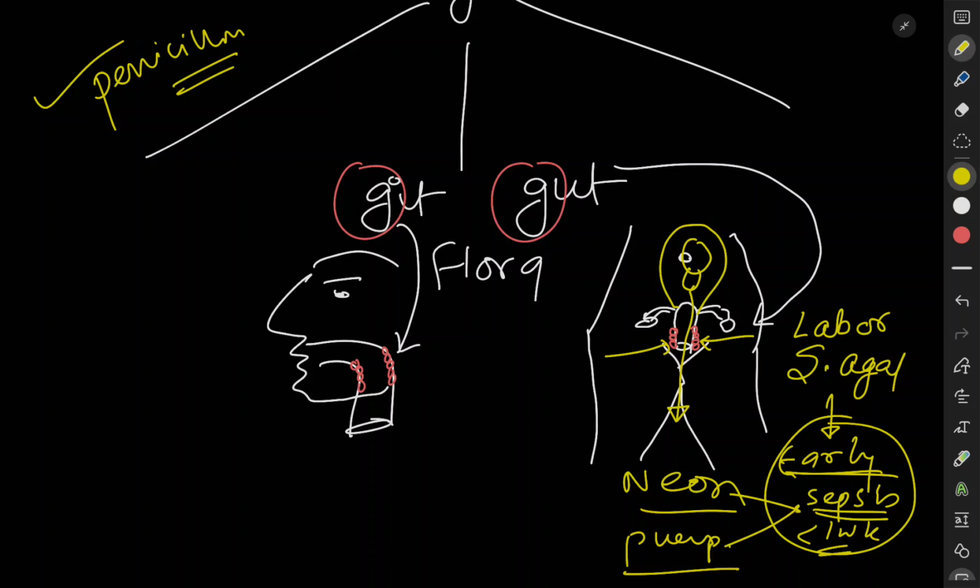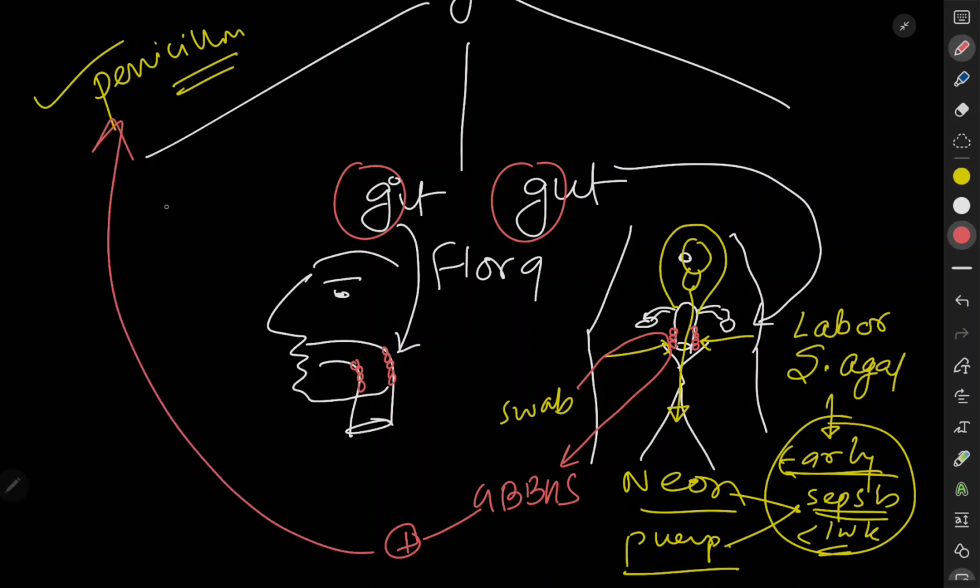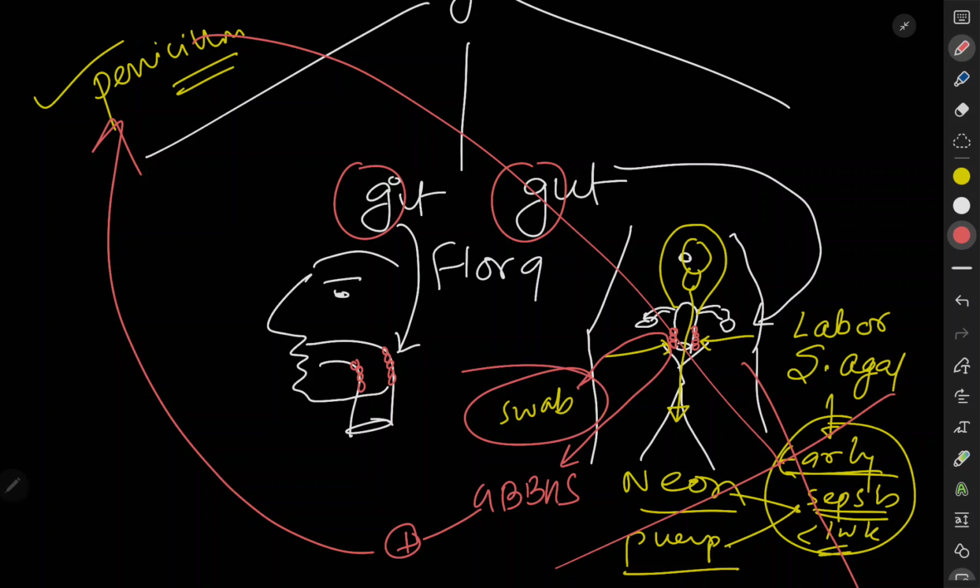But how am I supposed to know whether or not we actually have to give the penicillin? Easy. We take a swab from here and we check for group B beta hemolytic streptococci. If we find it positive, simple, give penicillin and therefore avoid all of this. Point is, when do we take this swab? We can take this swab anytime we want, of course, but what is the best recommended time?